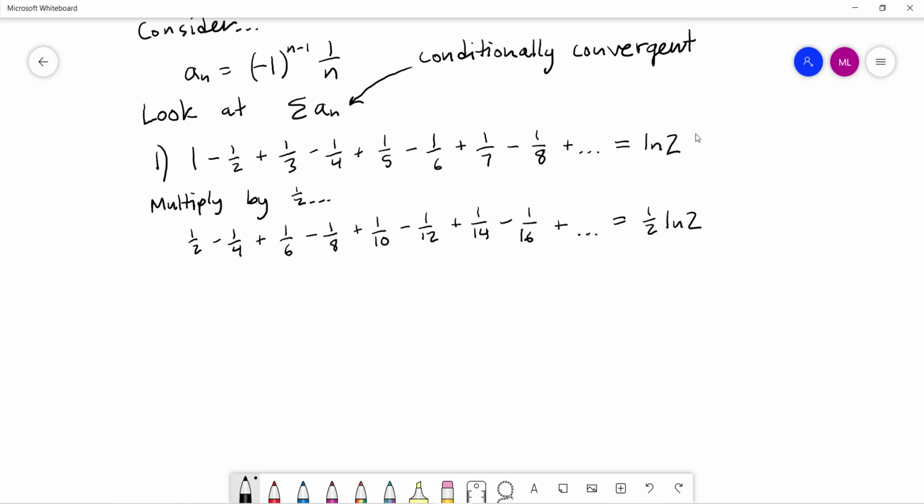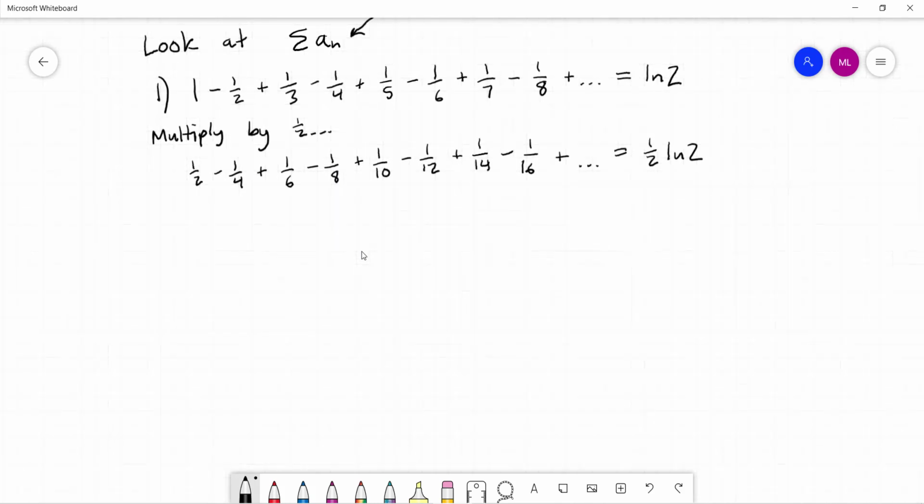What I want to do now is just rearrange some of these terms in here and basically add in some zeros. So I just want to rearrange how this looks, space some stuff out, and make it look a little bit different. And I'm going to call this line 2. So line 1 was the original set that sums to equal the natural log of 2. This second set, I'm going to now space them out a little bit.